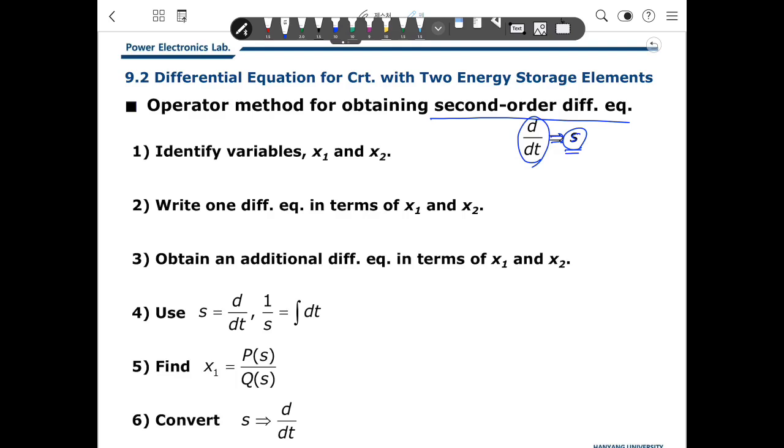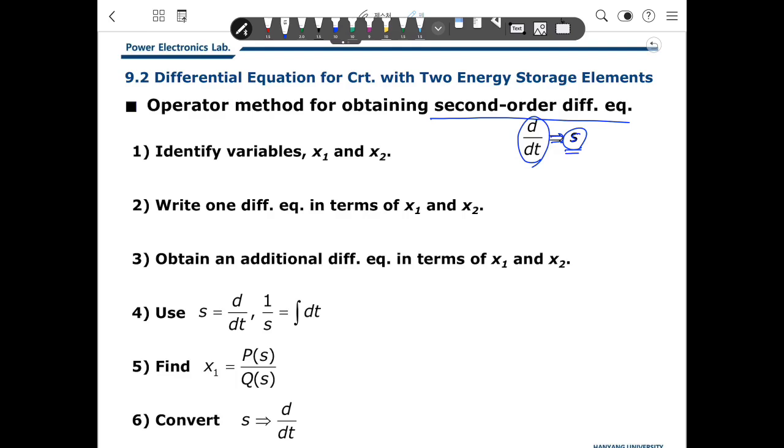Using the rule of the Laplace transformation, you can transform the differential equation into arithmetic equations very simply. So when you use the Laplace, the differential equation can be solved very easily.